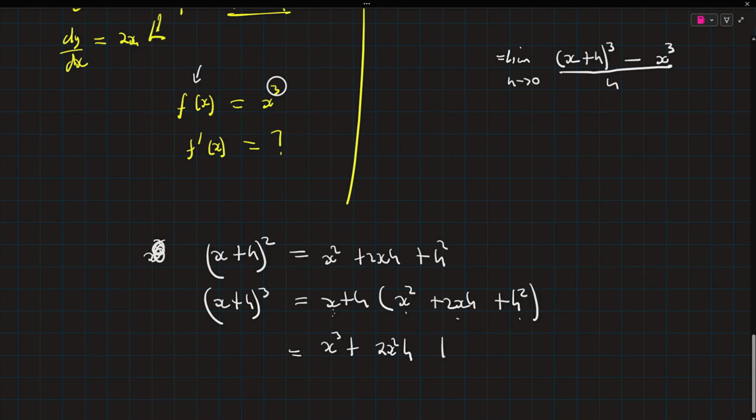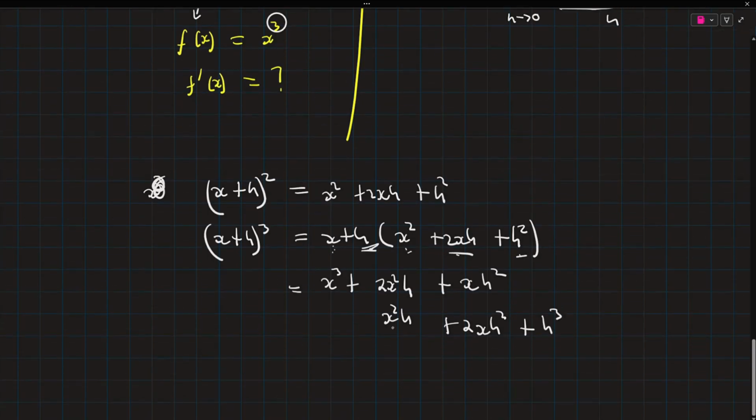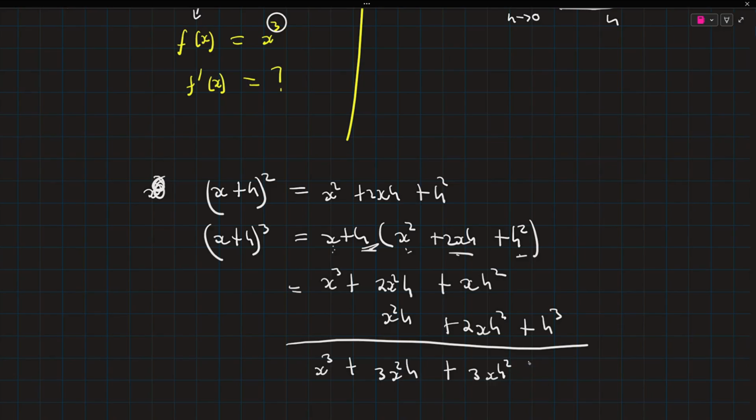This times this, we are going to have xh squared. And this times this, we are going to have x squared h. This times this, we are going to have 2xh squared. This times this, we are going to have positive h cubed. So if I add these together, I'm going to have x cubed plus 3x squared h plus 3xh squared plus h cubed. Is that so?